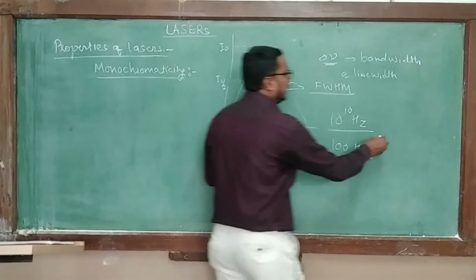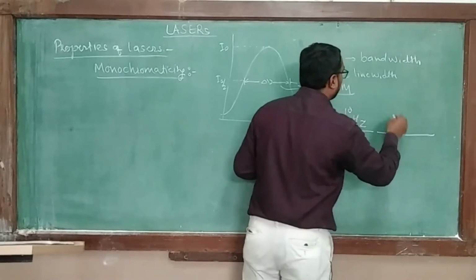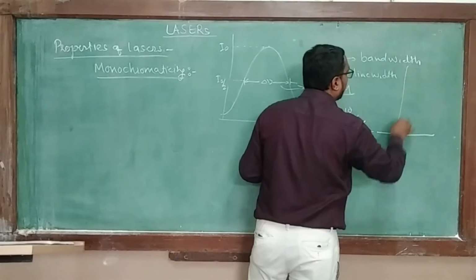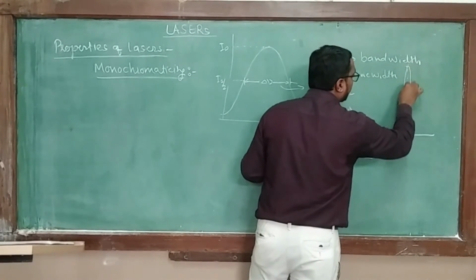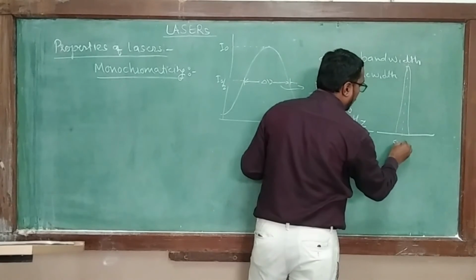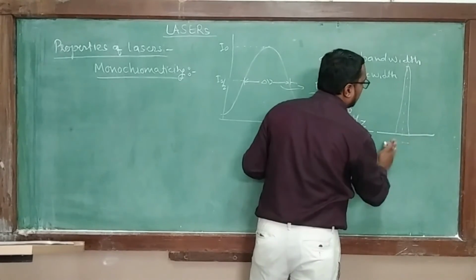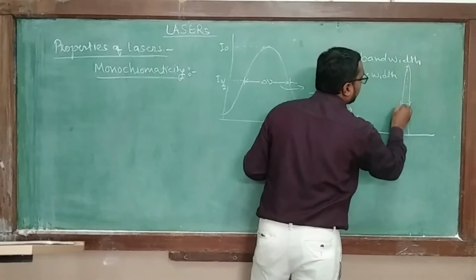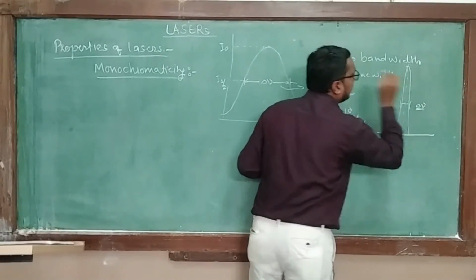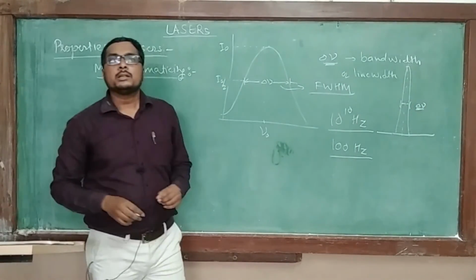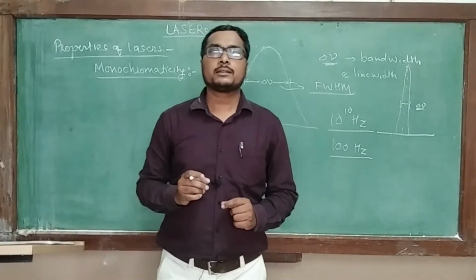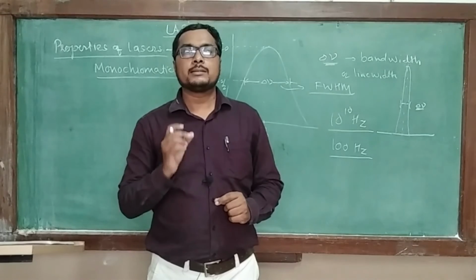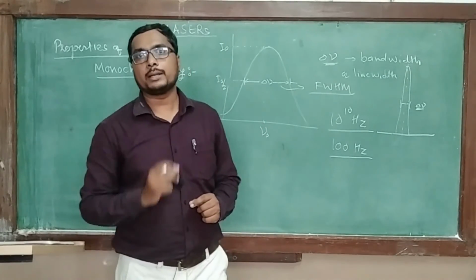If you compare with the conventional source, the laser beam will be like this. So it has a very small line width, delta mu. And because of that, the laser light is said to be monochromatic.